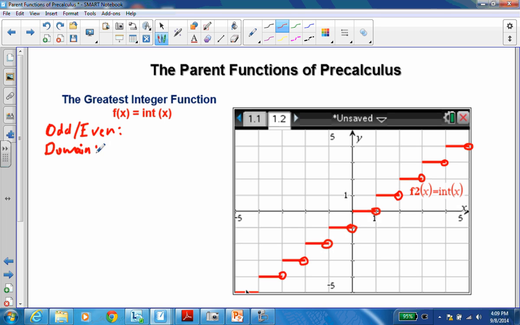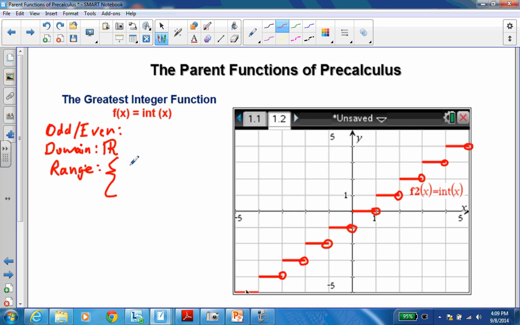Domain is actually going to be all real numbers. Now the range is going to be harder to explain because the range has whole numbers. So here's how we have to write the range.